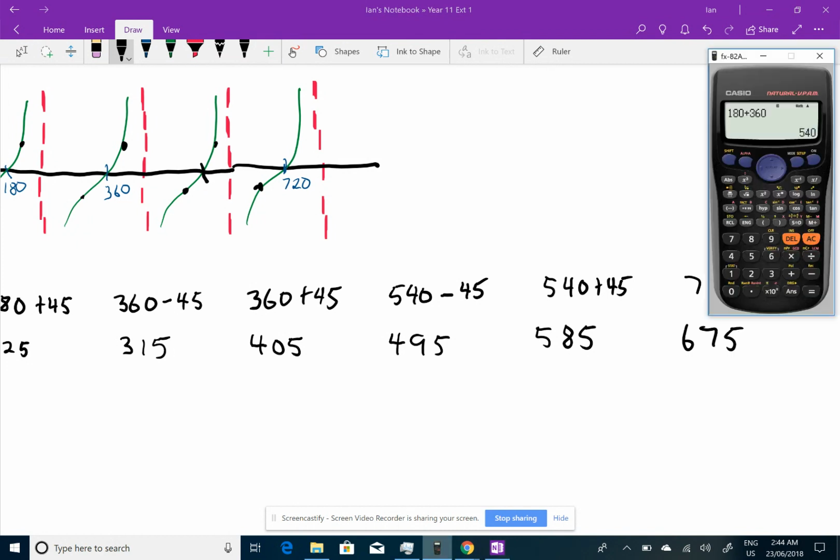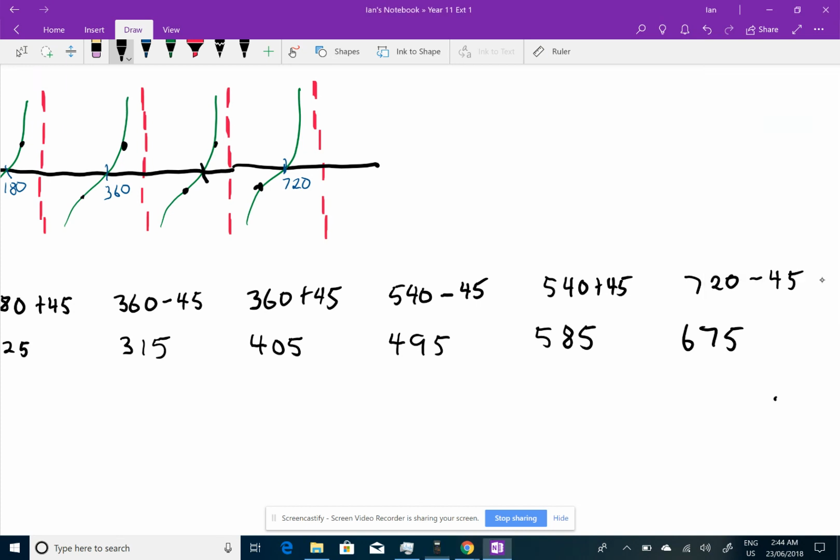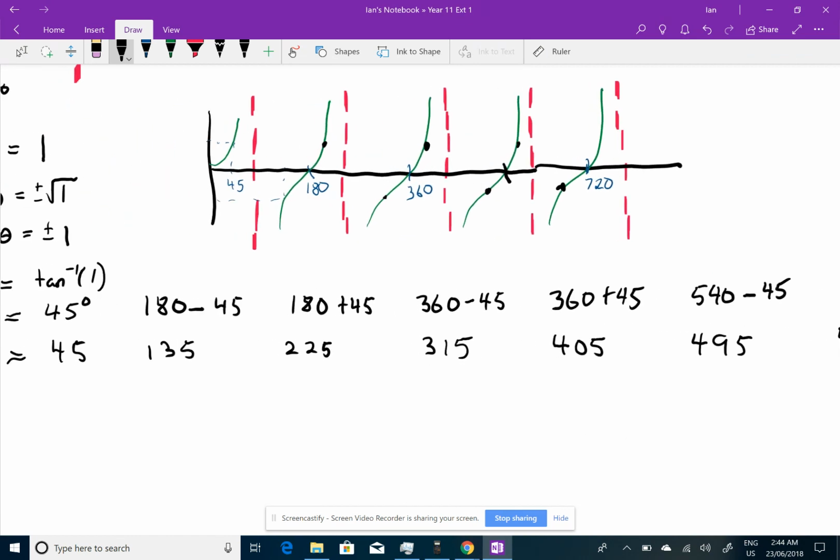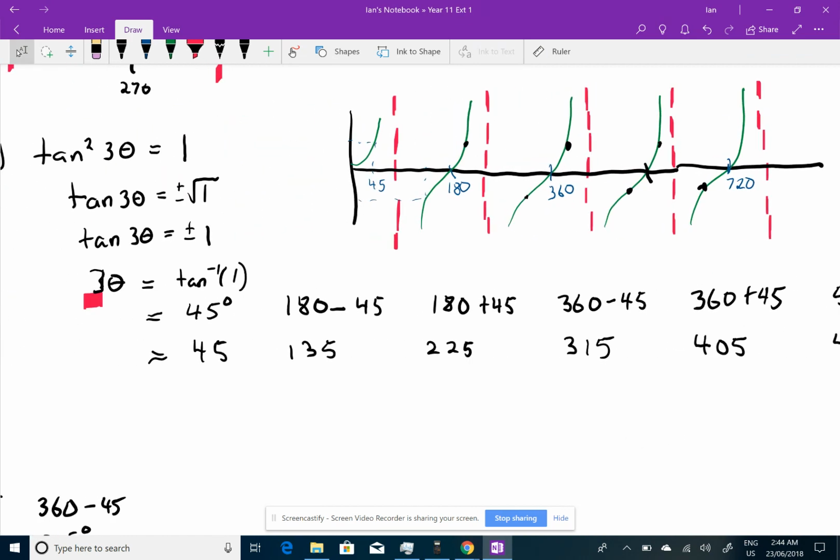I'm just going to check that one. 720 minus 45, righto. Now that's not all of them because we know we're going to have to go all the way along here. But that's what 3 theta equals.